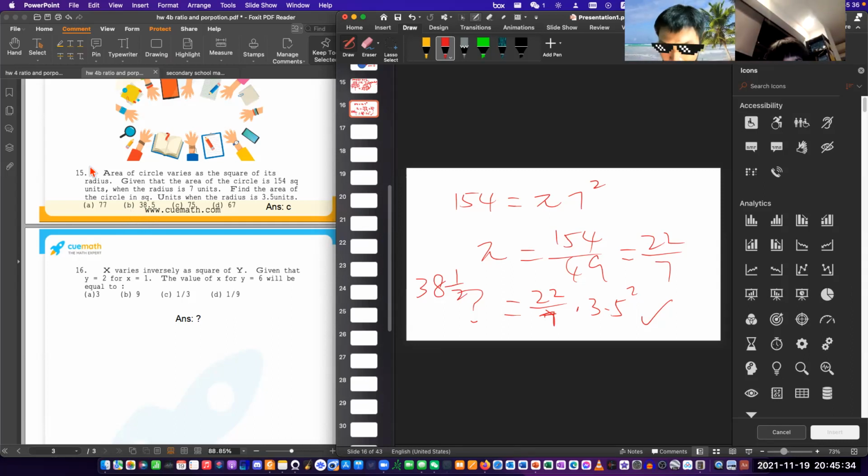So you compare. Your radius is half. What about this? Is it half? For the area, is it half or more than half? So what's the factor here? 154 divided by 38 and a half.